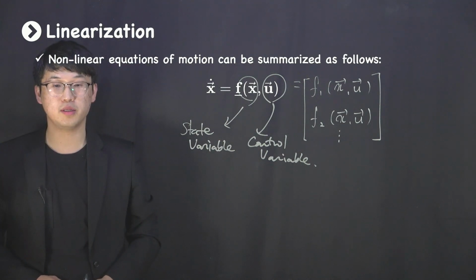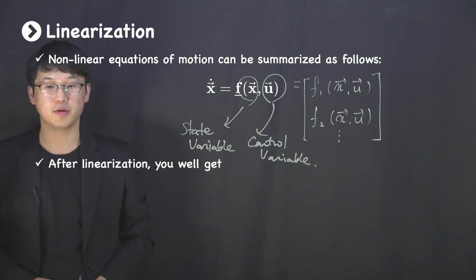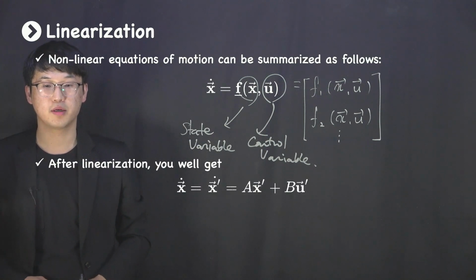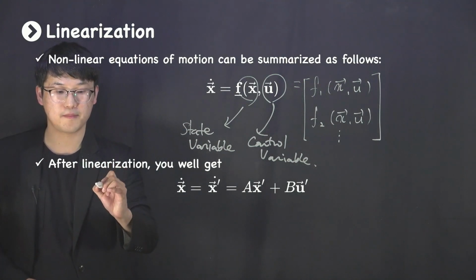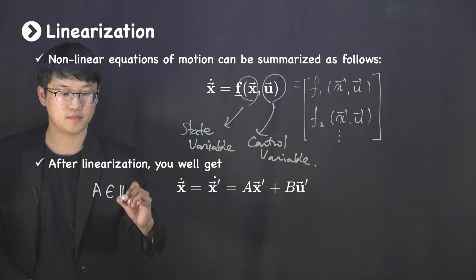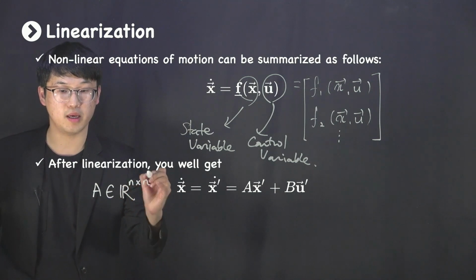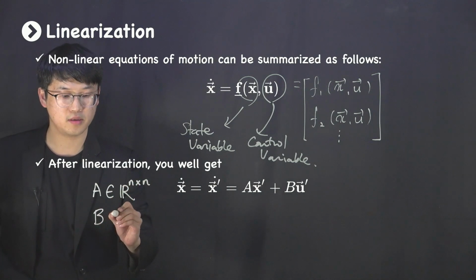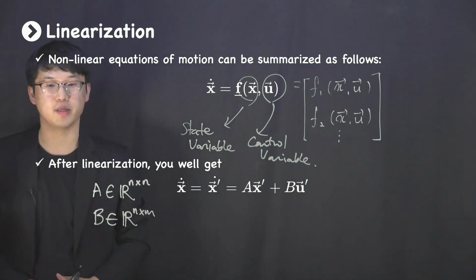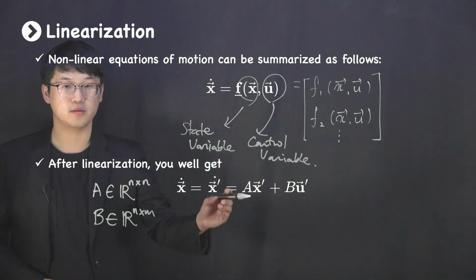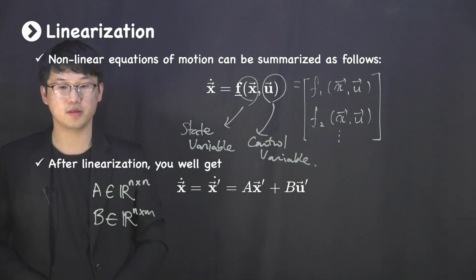Now we want it linearized into the shape x prime dot equals A x prime plus B u prime, where A is an n by n matrix and B is an n by m matrix. The prime symbol is nothing but a deviation from a reference point, just like what you have done in perturbation theory.